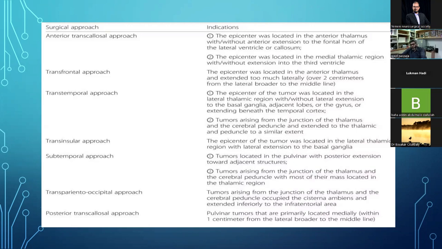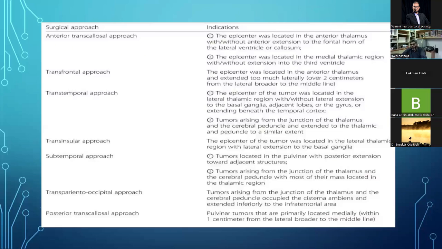And the transtemporal approach is also useful in lesions at the junction of the thalamus and the cerebral peduncle. And a transinsular approach for lesions which are located in the lateral part of the thalamus with extension into the basal ganglia.